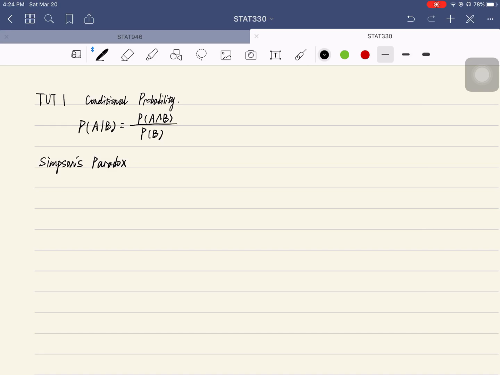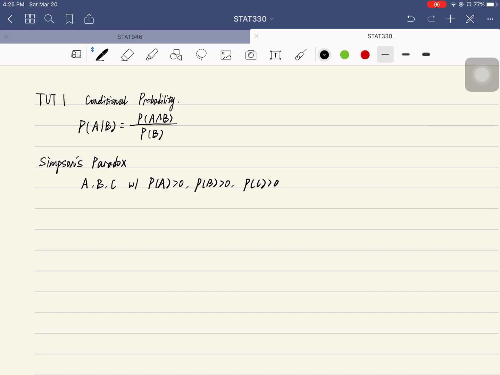So what is Simpson's paradox? Let's imagine that we have three events, A, B, and C, each with probability greater than 0. The paradox says that it is possible to have all of these occur.